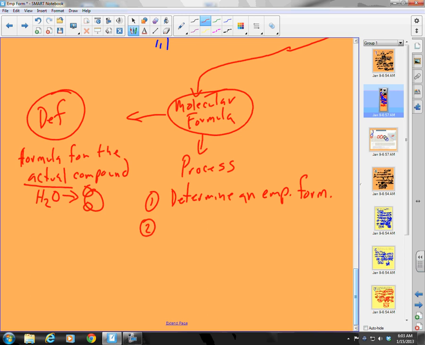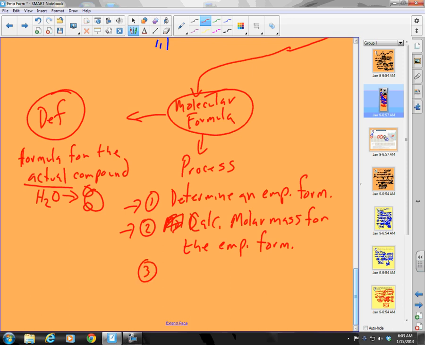Number 2, we want to calculate the molar mass for the empirical formula. So we figured out what the empirical formula is in number 1, and now we're going to get the molar mass for that empirical formula.